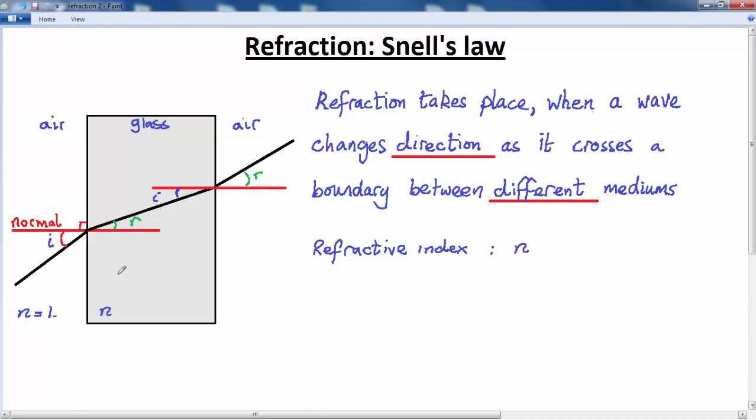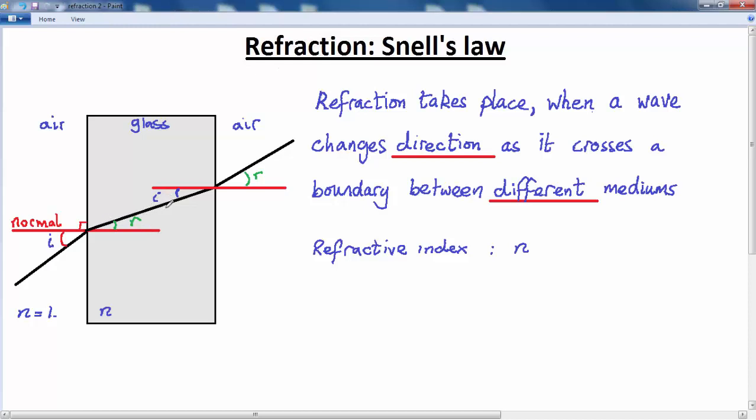And a material with a lower refractive index interacts less with the light, and as a result the light beam slows down less.